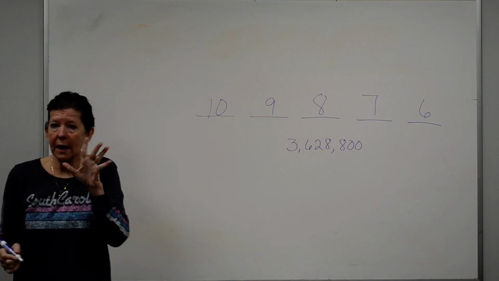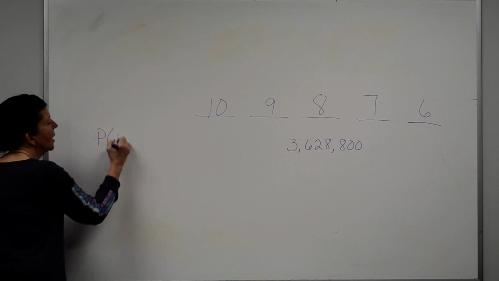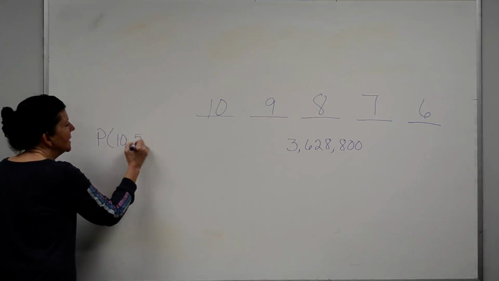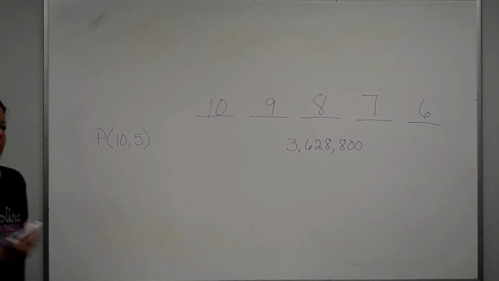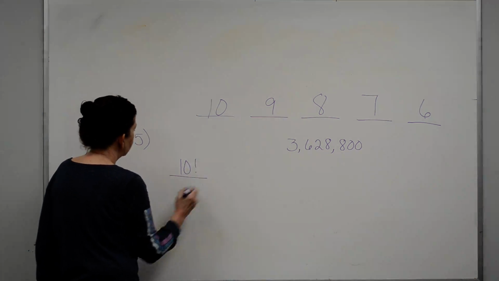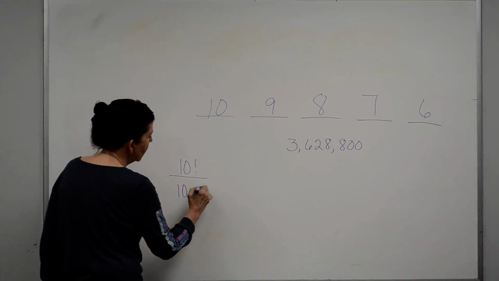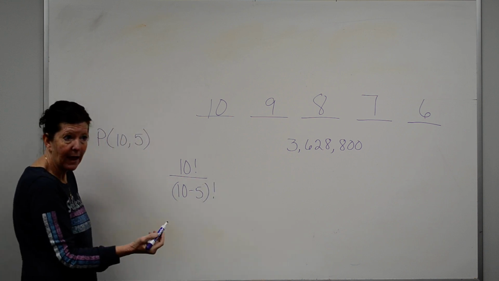All right, the other way to do this is to look at it as the permutation of 10 things taken 5 at a time. Well, if you remember, the way a permutation is done, it's 10 factorial over 10 minus 5 factorial. Okay, you remember that?